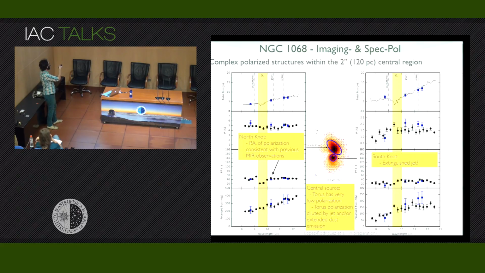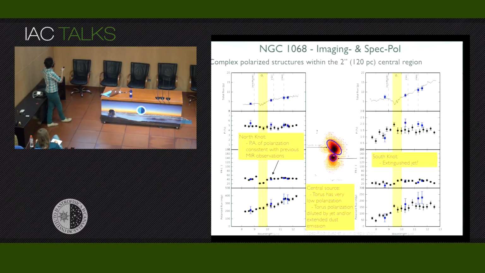Let's start from the north node. The degree of polarization is almost constant, and the PA of polarization is consistent with the previous observation with low angular resolution.